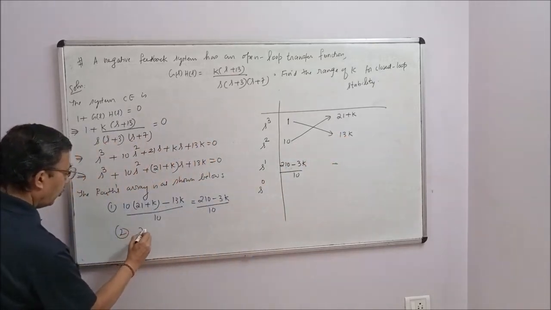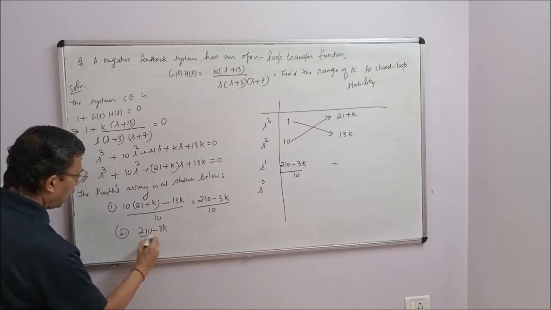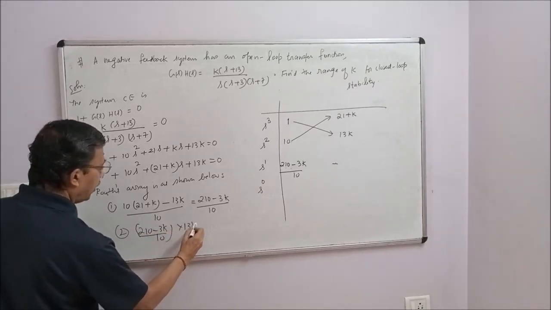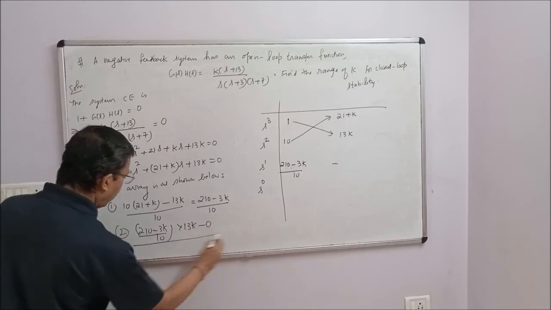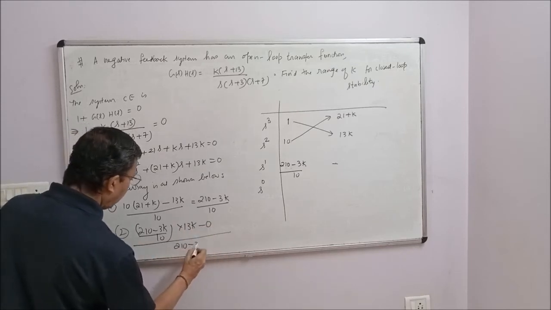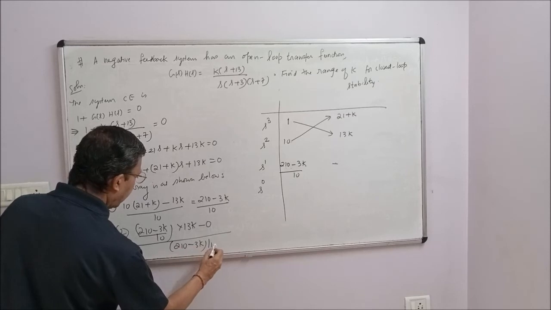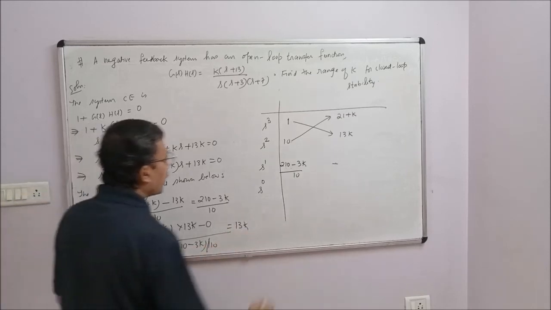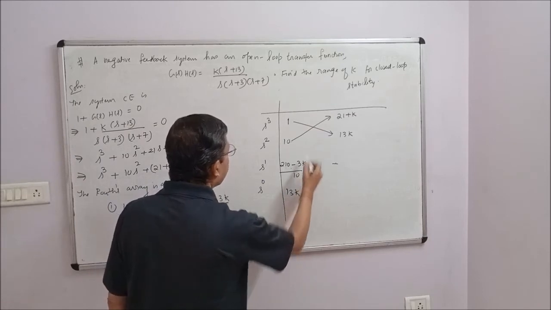So it is (210 minus 3K) divided by 10 into 13K minus 0, divided by (210 minus 3K) divided by 10, which is equal to 13K. This is 13K.